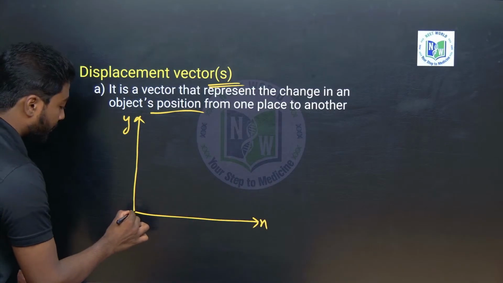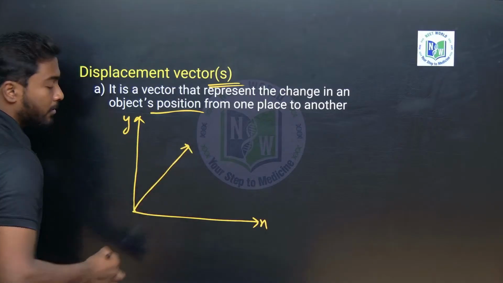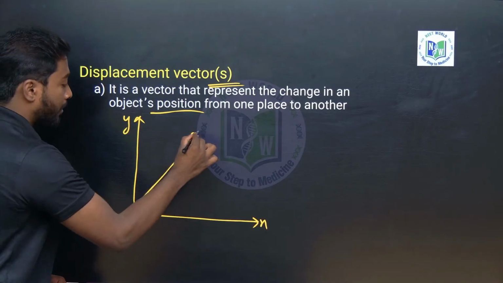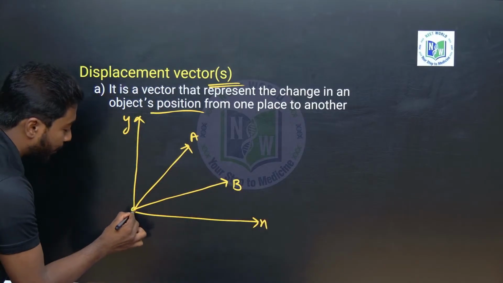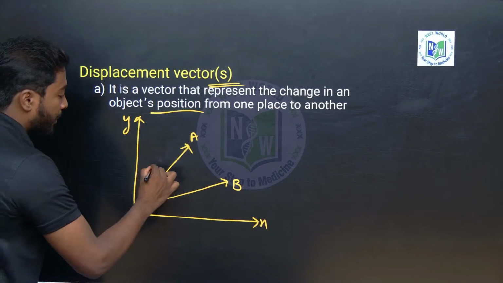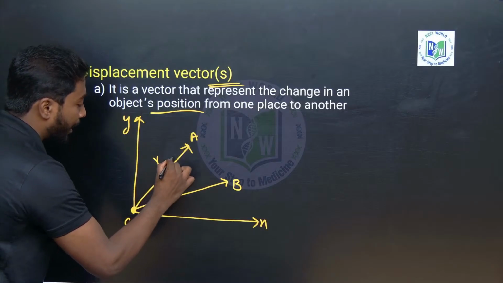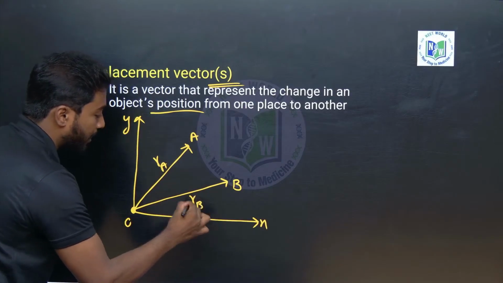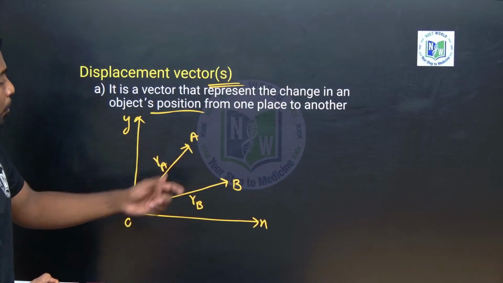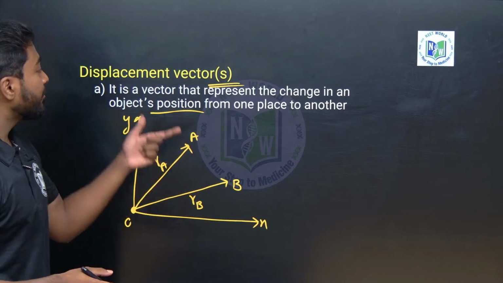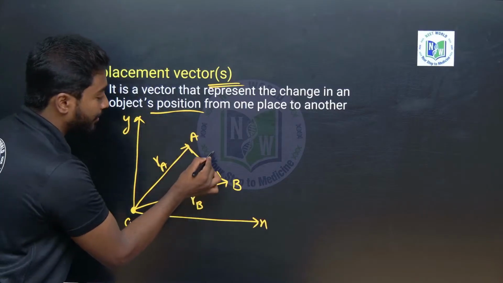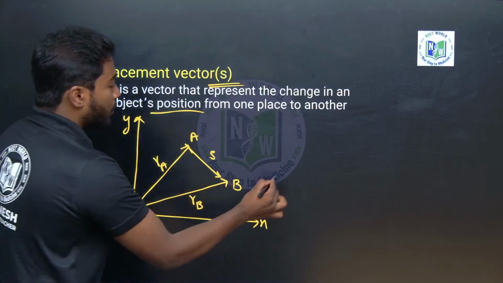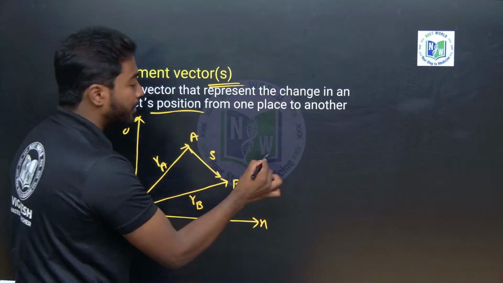Let me consider this as a point A and this as a point B, and this is my origin O. This is position vector RA and position vector RB. If I need to find the change in position, that is the displacement vector, which is AB.